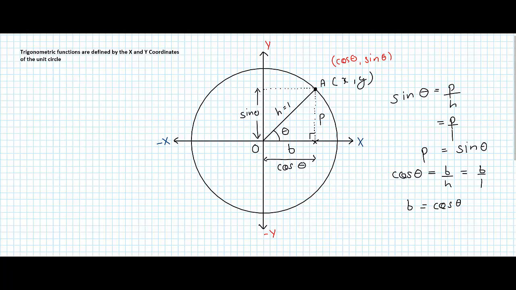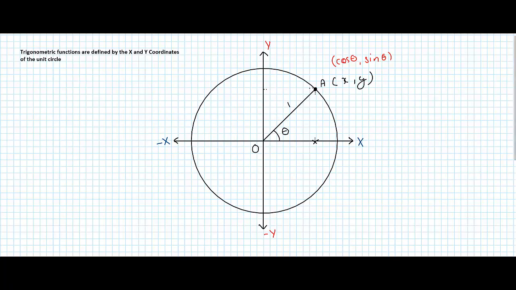Okay, let me clear this up. So we had the y coordinate of this point equals sine theta, and the x coordinate of this point equals cos theta. This was for the first quadrant.